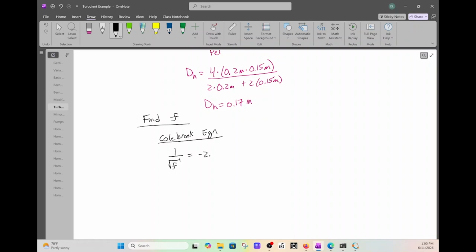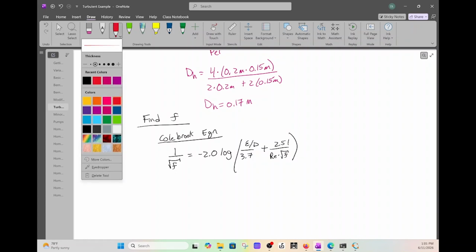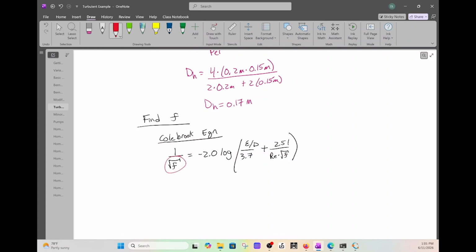It's 1 divided by the square root of F equals negative 2.0 log of epsilon over D divided by 3.7 plus 2.51 over the Reynolds number times the square root of F, all closed parenthesis. This is what they call an implicit equation because you have F on both sides of the equation. And that's what we're trying to find. F is there and F is there.